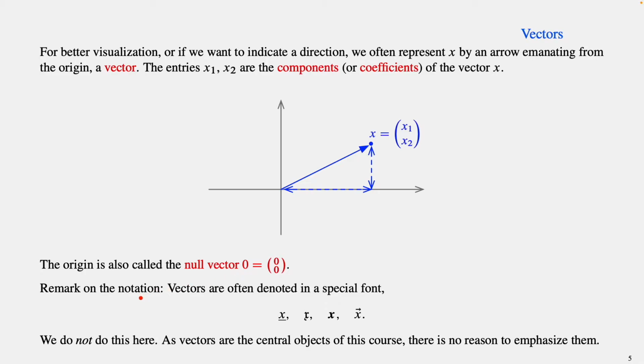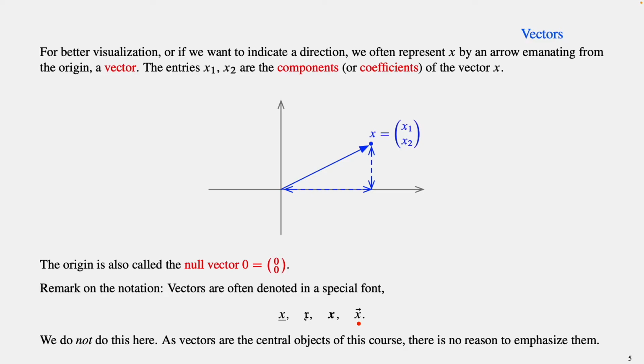And a remark on the notation. You might be used to vectors being denoted in some special font. For example, you will find some really ugly things like having x with an underline, or in some very old texts you might find vectors being denoted by Gothic letters, or in more recent texts you often use boldface, or you use a little arrow over the letter x to indicate that it is a vector.